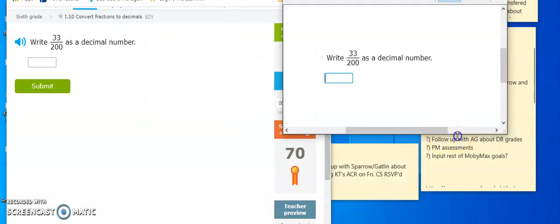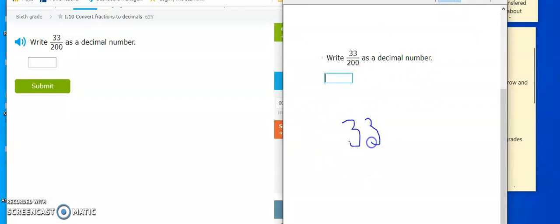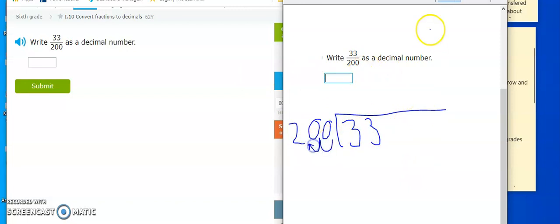All right. So similar to my steps that I was doing before, I'm going to do the exact same thing. I'm going to take 33, put it inside, and put 200 outside. If this is too big of a number for me, again, I could scooch over my decimal point in both numbers, making this now 2.